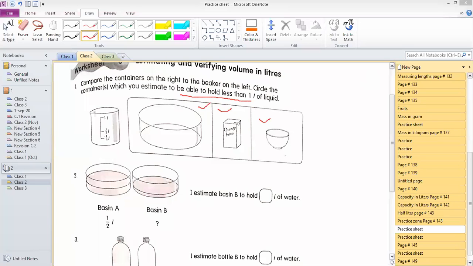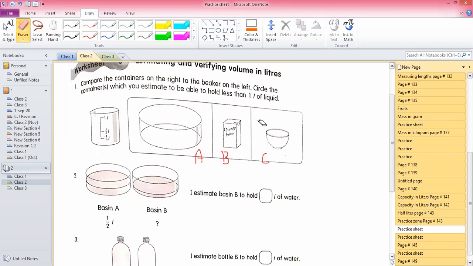What we have to do, guys, is check here. If I say this is A, this is B, and this is C, now you can easily tell me which one I should circle.